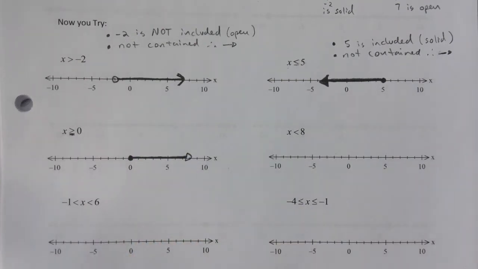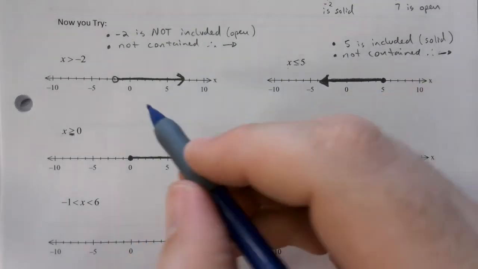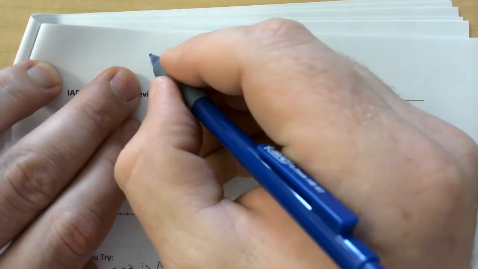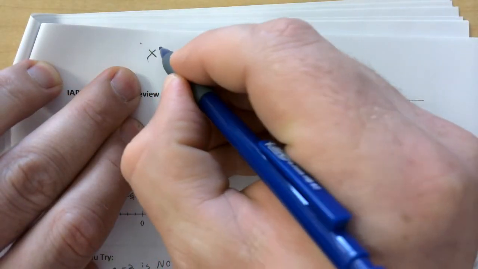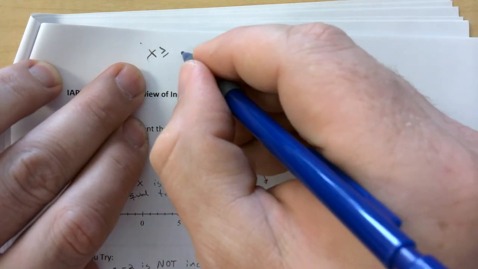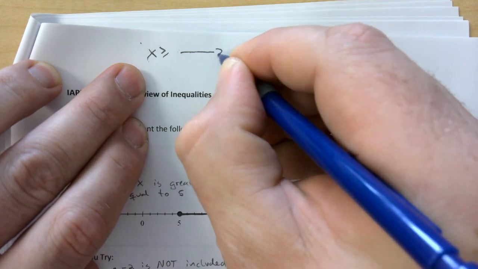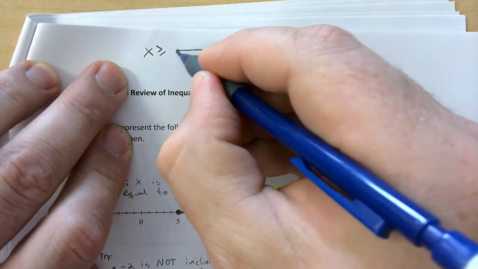If it's x is greater than, then you go to the right, and it's solid when there's an equal.